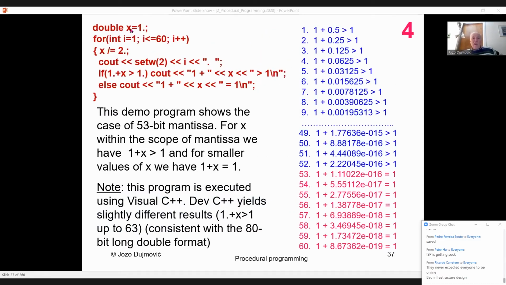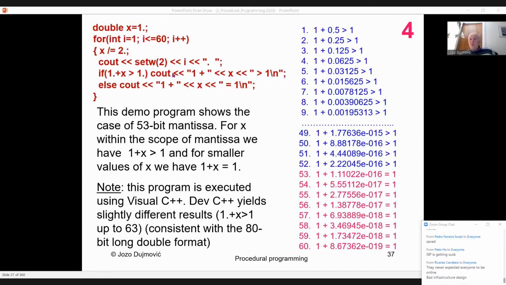So to persuade you that this is correct, I wrote here one tiny little program that is adding 1 plus x. And x is in each iteration divided by 2, becoming smaller and smaller. And then if 1 plus x is greater than 1, I'm going to print that it is greater.